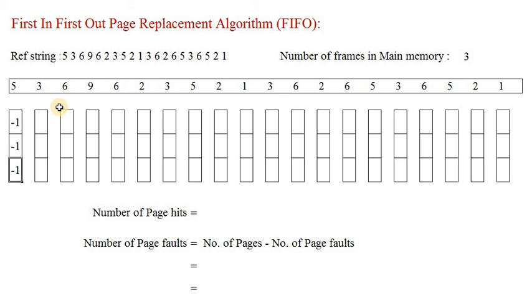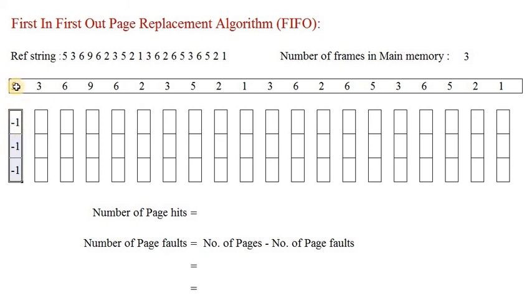By using the FIFO page replacement algorithm, we take the data from the reference string, that is 5, and insert it into the first block of the main memory. There are 3 frames in the main memory.